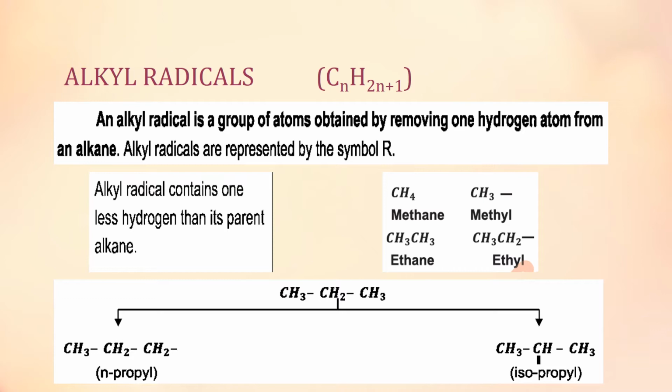And when you remove one hydrogen atom from the central carbon atom, then isopropyl is formed. So propane will be converted into isopropyl by removing one hydrogen atom from the central carbon, and n-propyl radical will be formed when one hydrogen atom from the terminal carbon is removed.